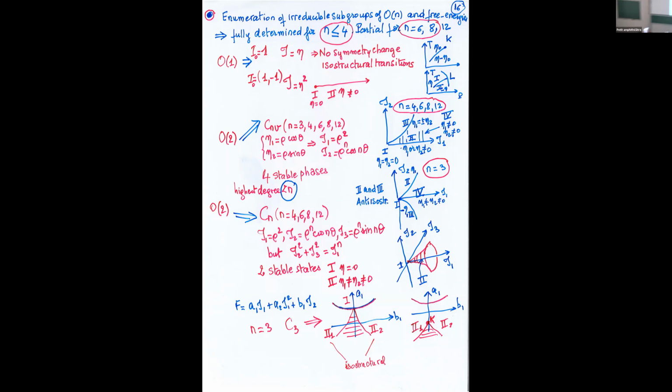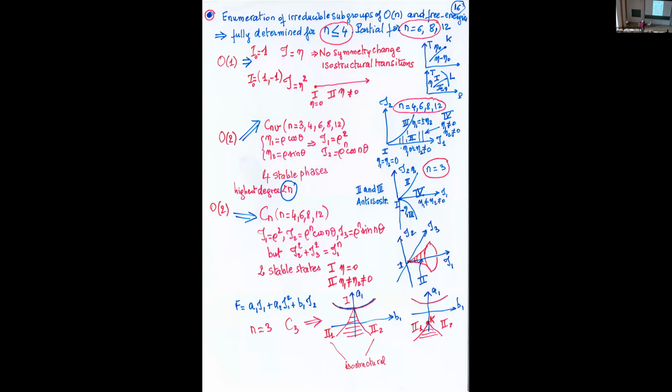And so you know that all your phase diagram will have this shape. We have already seen this, but this works for 4mm, for 6mm, for 8mm. You always have 4 phases, 1, 2, 3, 4. So 4 stable phases, and we have to go to the degree 2n to have the full phase diagram.